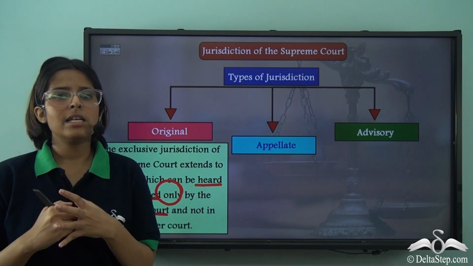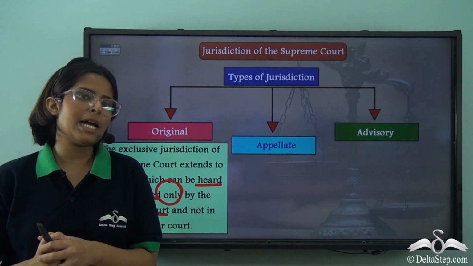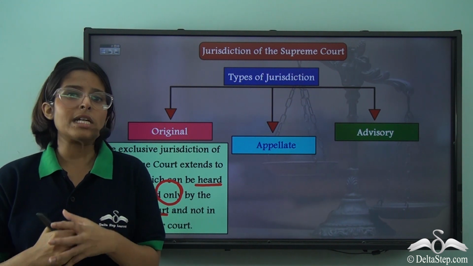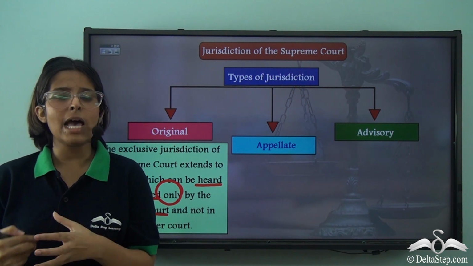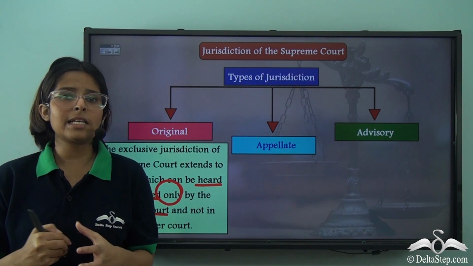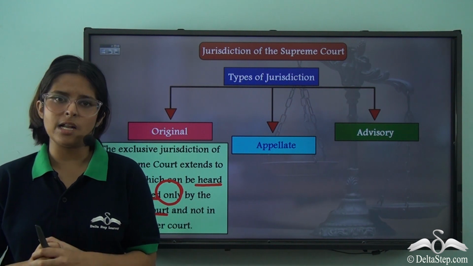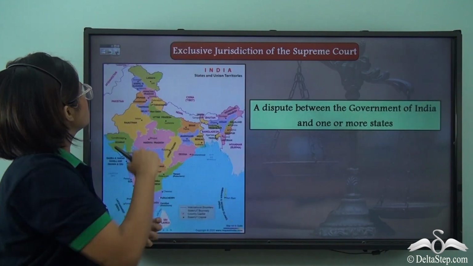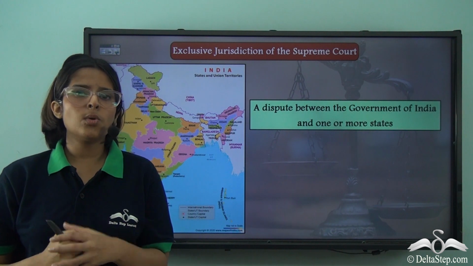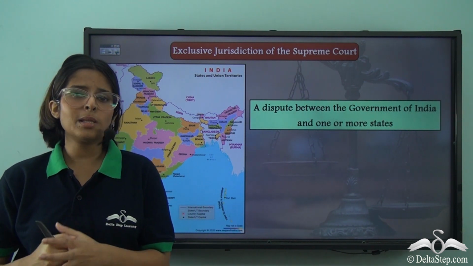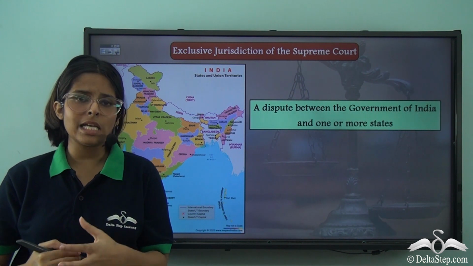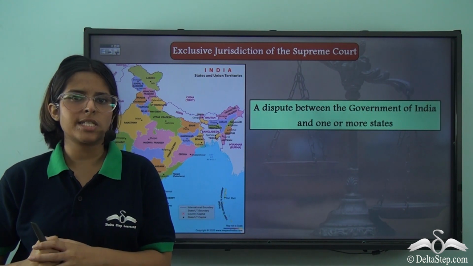These cases involve the federal matters, that is matters or disputes that arise between the national or the union government and the state governments that concern the federal setup of the country. So we know that the high courts and the district courts deal with matters concerning states, union territories or districts.